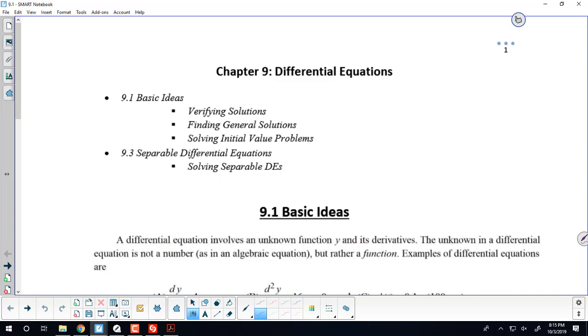So derivatives are involved. It's f of a plus f prime of a times x minus a. That's just the equation of the tangent line for f of x at a, and you get the same thing for the function g. It's the equation of the tangent line for g as long as we're near a.